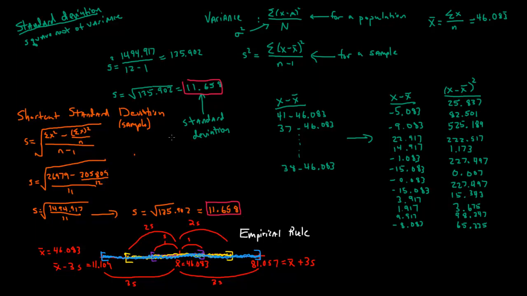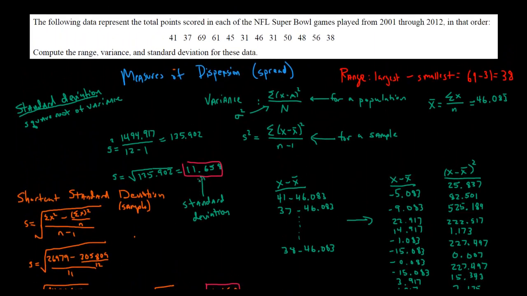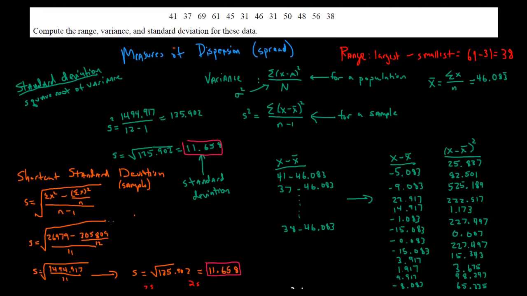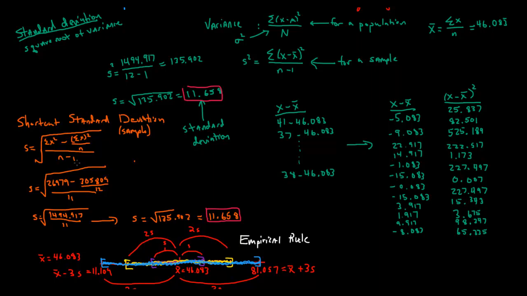Now the variance, like up here, there is your variance formula. As far as we're concerned, the variance is really only ever used to get to the standard deviation. This is the definition way to get to the variance, but we're going to use the shortcut methods. Remember, this is all for sample data. If you want to find the variance instead of the standard deviation, all you have to do is square both sides.